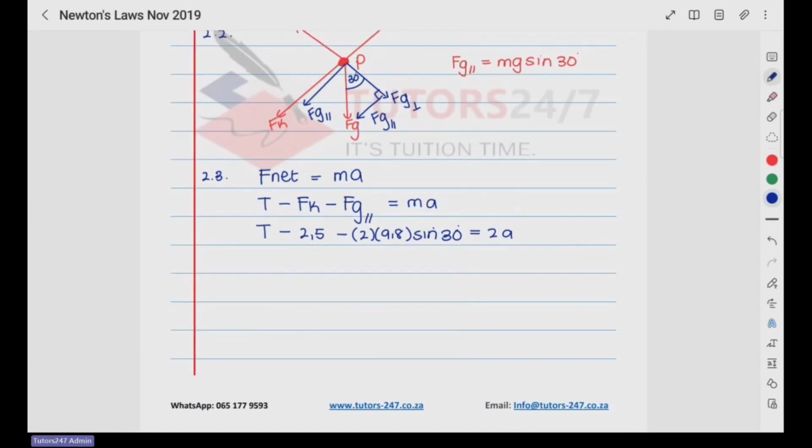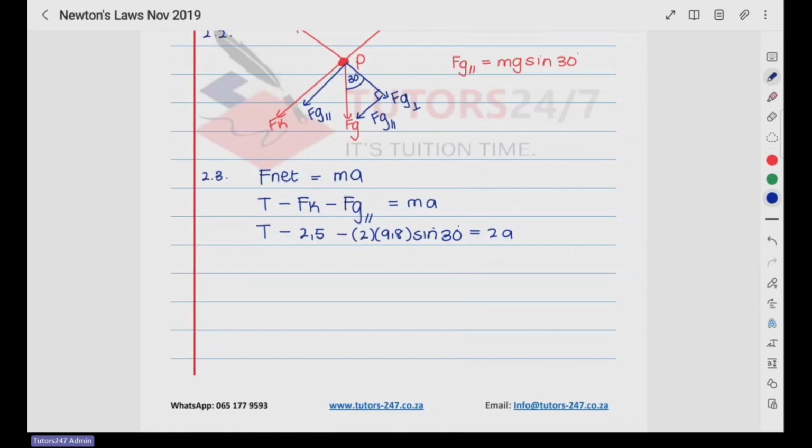So what is going to be the method that we are going to make use of to solve for this particular question? Simultaneous equations. That is correct. The reason is because acceleration of both blocks will be equal and the tension of both blocks will also be equal. So we can make use of simultaneous equations.